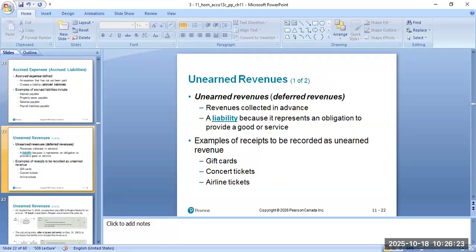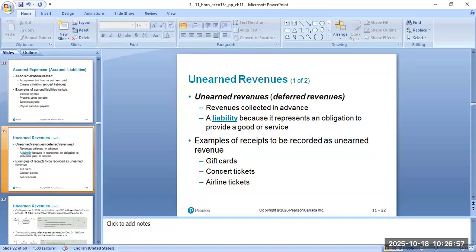The next thing that we have to consider is any unearned revenue. Now, you can ask me what's the difference between accruals and unearned revenue. In the big picture, unearned revenue is deferred revenue. What does deferred mean? Deferred means pushing the event of recognition into the future.